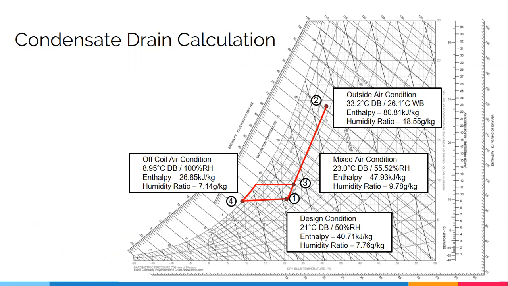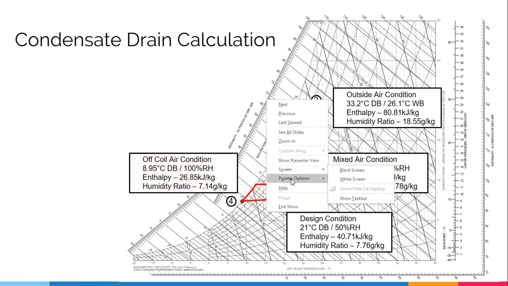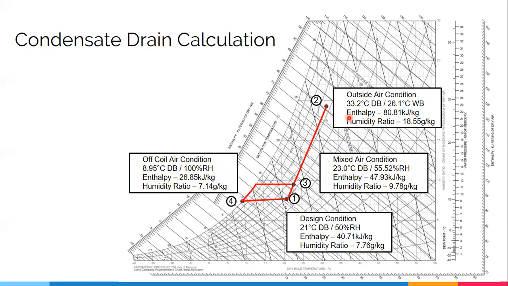So here, outside condition, this is the design condition for Singapore. This is our design condition. The outside air, 18%, will be mixed with 82% of this condition. When these two airs mix, the result is here.